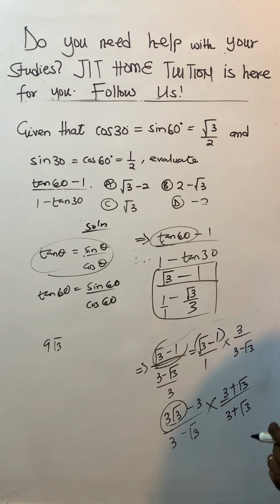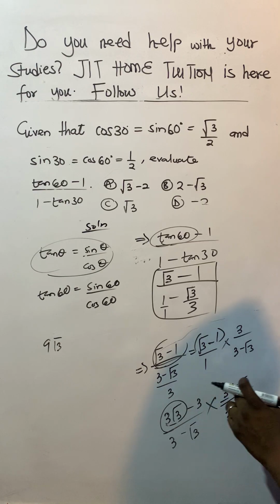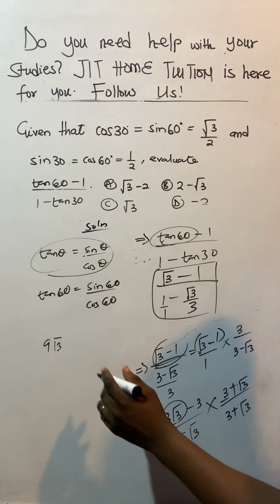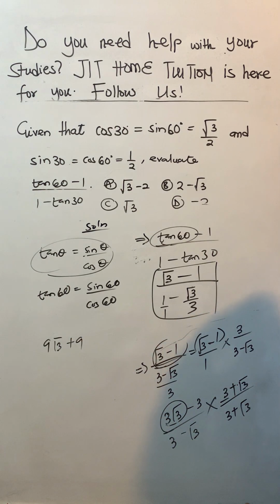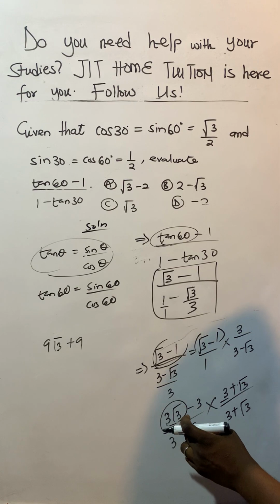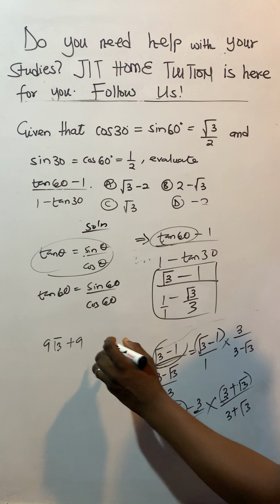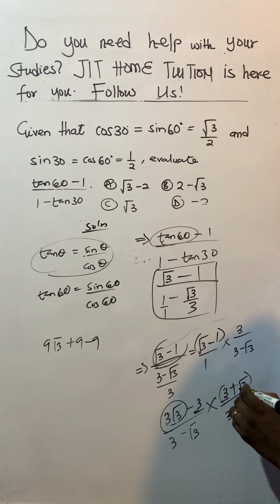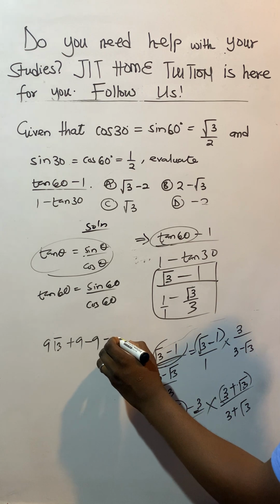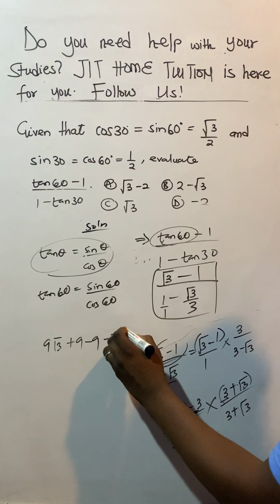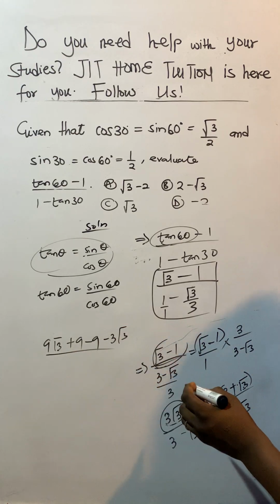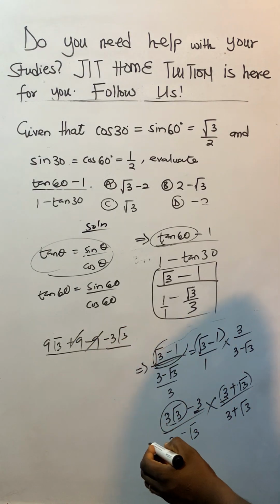Then 3 times the 3 here will give you plus 9. Then right now this one has multiplied everything over here. This one will now multiply this, giving you negative 9. This one has multiplied this, giving you negative 3 root 3. That is for the top one. But guess what? This one will cancel that.